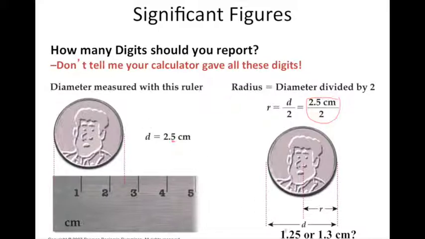Our calculator gives us 1.25, and if we write that down as our answer, then we're saying that we know this answer with certainty to the hundredths place, but the actual measurement only gave us certainty to the tenths place. So would the correct answer be 1.25, or would we round it to 1.3 centimeters? Well, we need to look at the rules on how to perform calculations involving measured values.